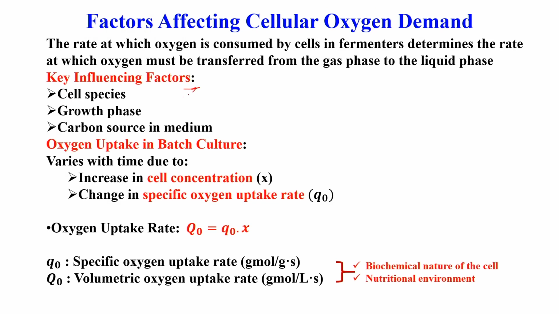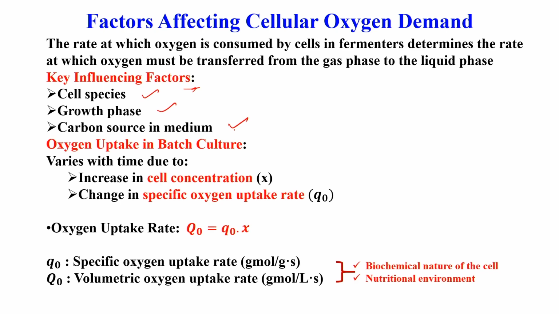Further, it is important that depending on the particular species, whether this is a microbial cell, an animal cell or plant cell, the oxygen demand varies. Also whether it is in growth phase or stationary phase.